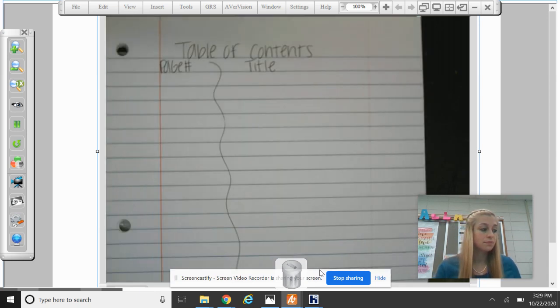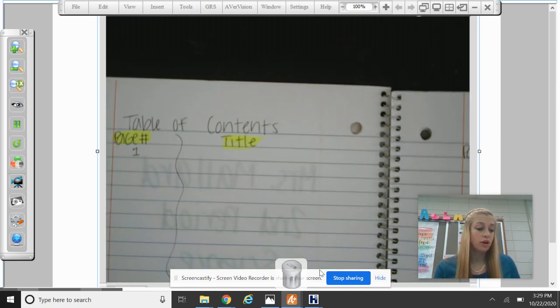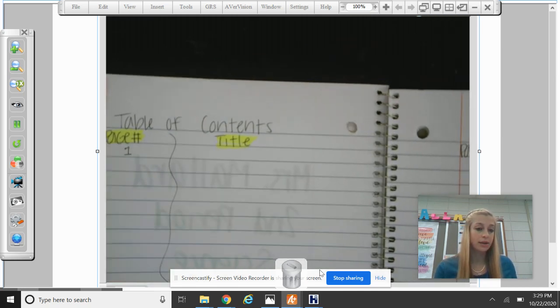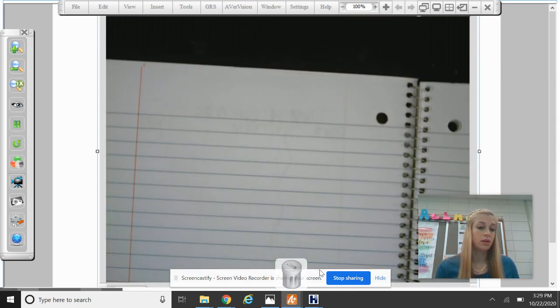And then I went ahead and made 4, so like this is the back of the first page. So 1, and then 2, and then I left these 2 blank before I got to my notes.